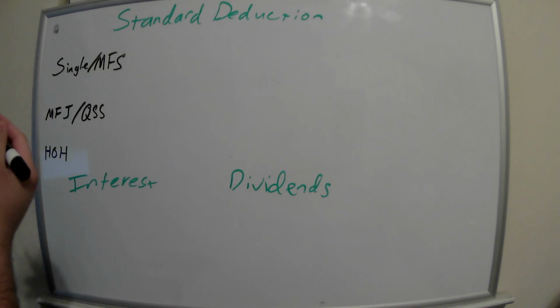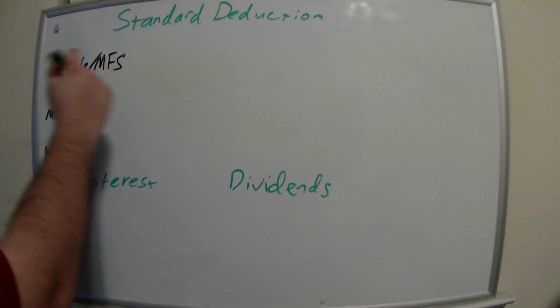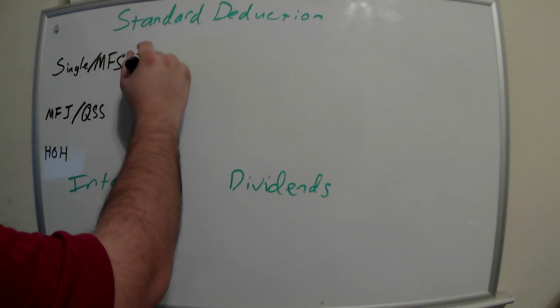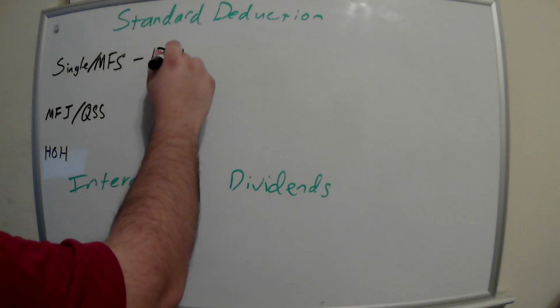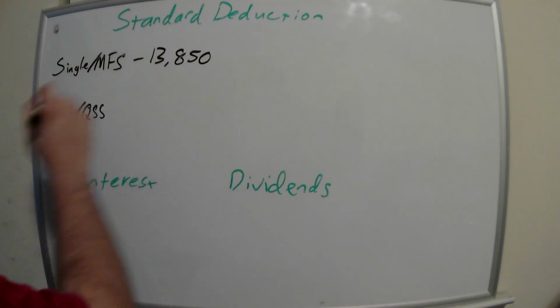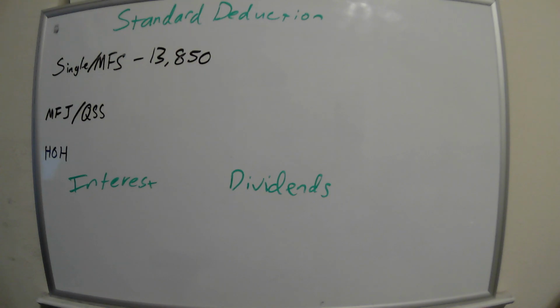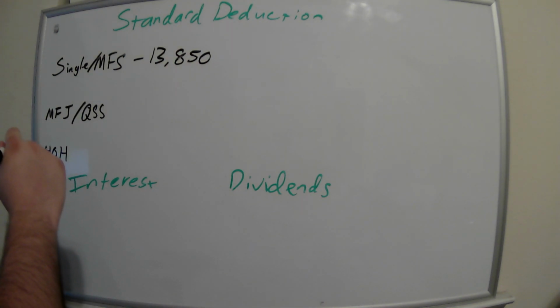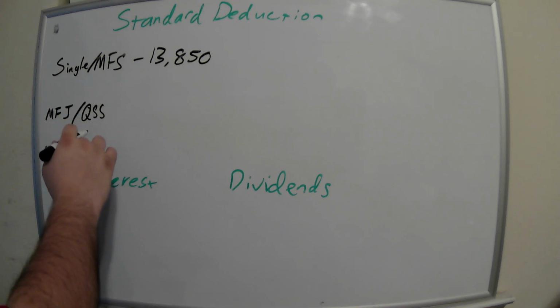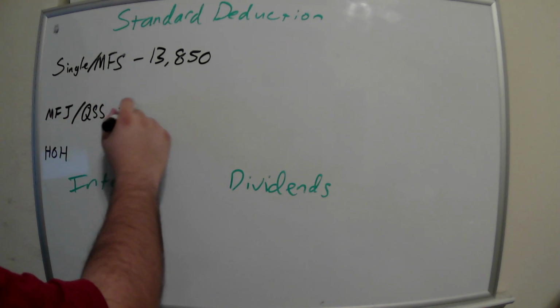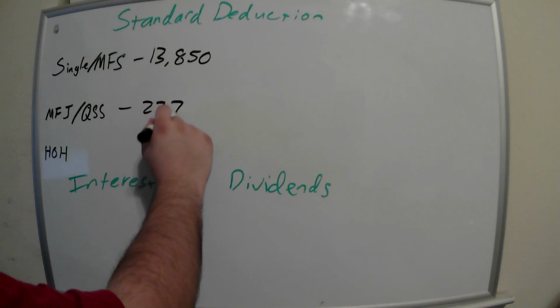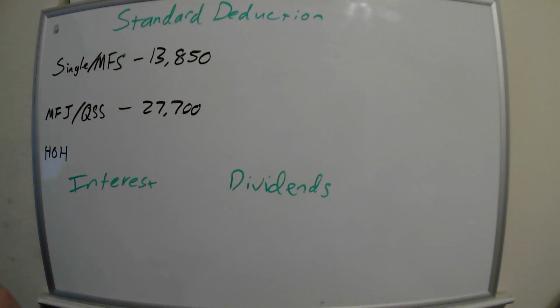The first category is single or married filing separately, and their standard deduction is $13,850. For married filing jointly or qualified surviving spouse, you're just doubling it, one for each of you. The thing with qualified surviving spouse is that you get to take that deduction even though your spouse has passed.